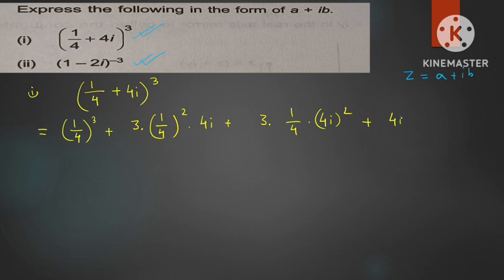You have to remember the few properties of iota, like the values of i square and i cube specifically, so that you can put the values of them in here.